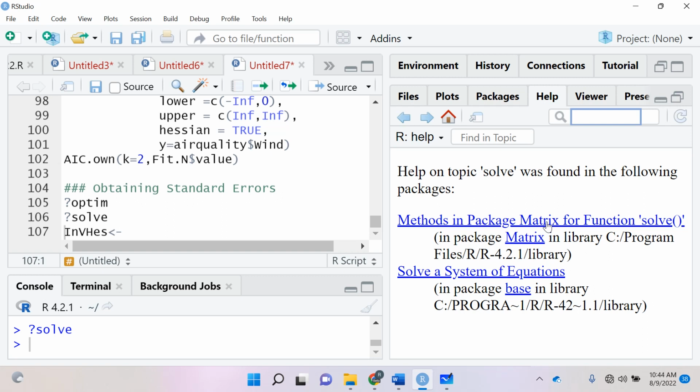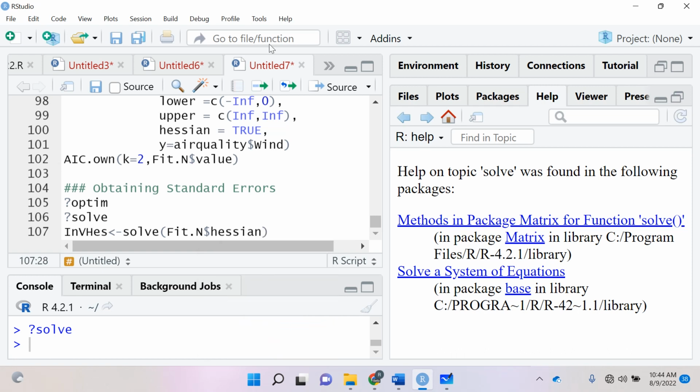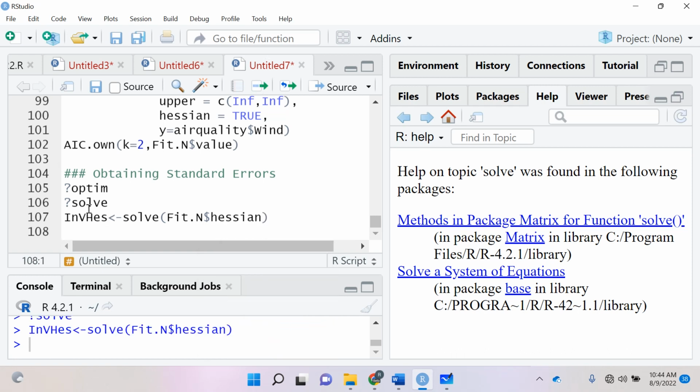So if you have simultaneous equations of 3 or more variables, you can use solve to solve for it, because it solves for the inverse of the matrix. So what I'm going to do is solve for the inverse of the Hessian matrix. So I call my estimate fit.n, and then my Hessian matrix. When I do this, I have the inverse of my Hessian matrix.